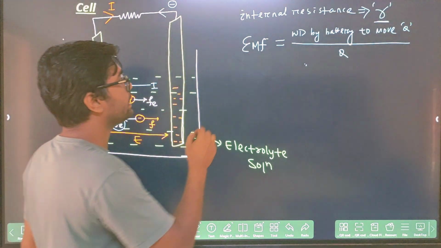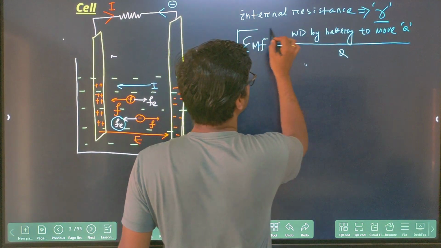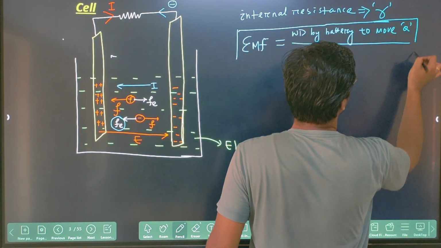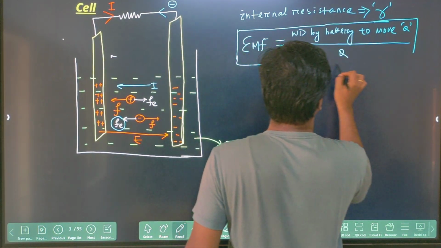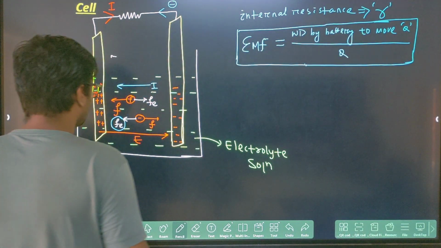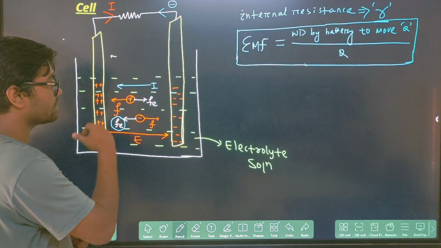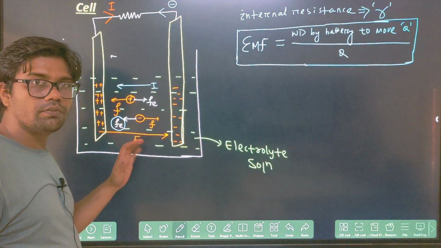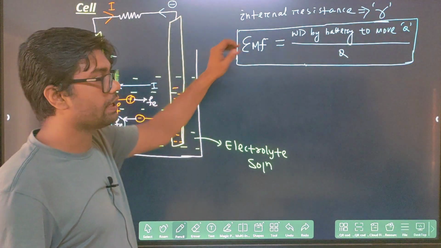This is called your EMF. We'll see the definition of EMF again in 2-3 ways, but this is one definition of the EMF. Work done by the battery to move a charge per unit charge, this is called your EMF.